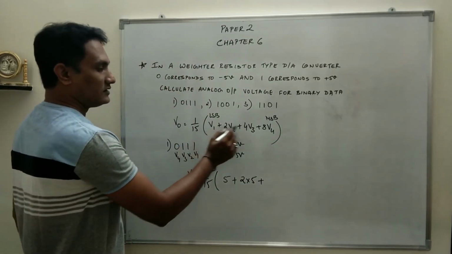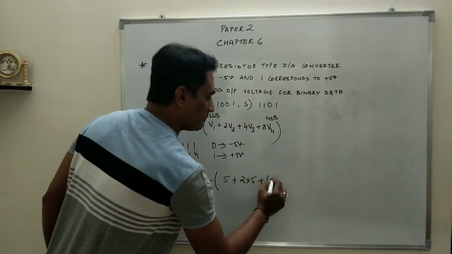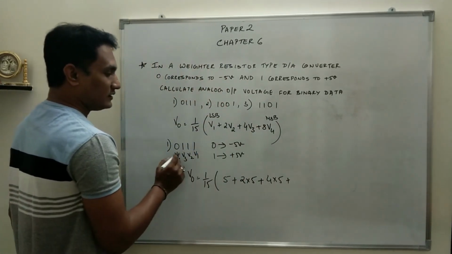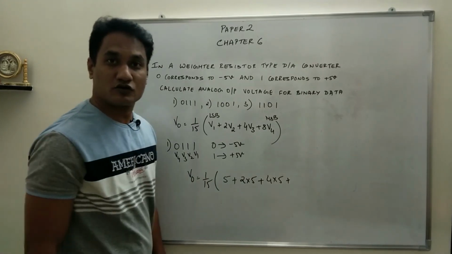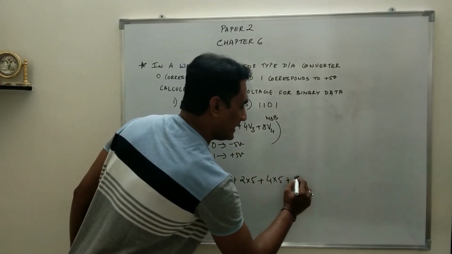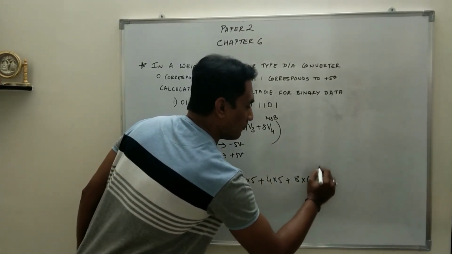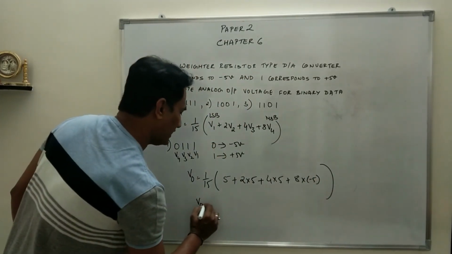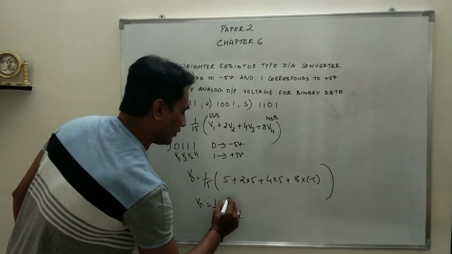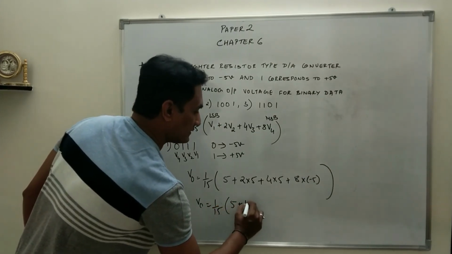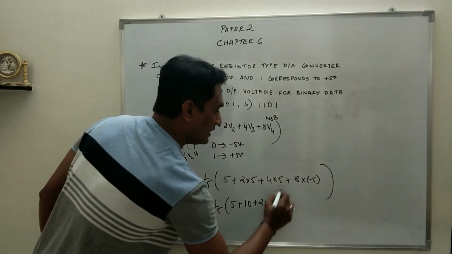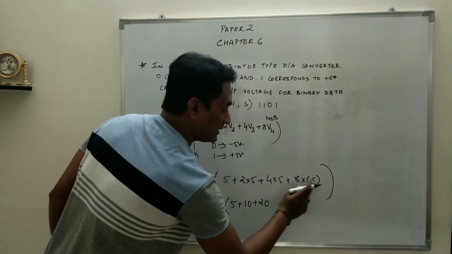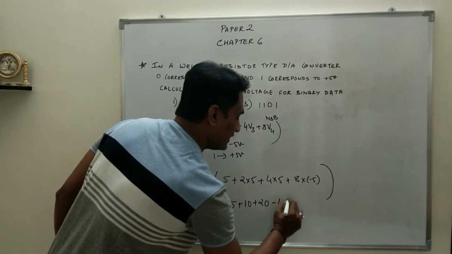Next V3. V3 is again 1. So it will be 4 multiplied by 5 plus. And then V4 is 0, and 0 corresponds to minus 5. So it will be 8 multiplied by minus 5. So now the multiplication has to be carried out. So this will be 1 upon 15 (5 plus 10 plus 20), and this value will be 8 multiplied by minus 5, that will be minus 40.